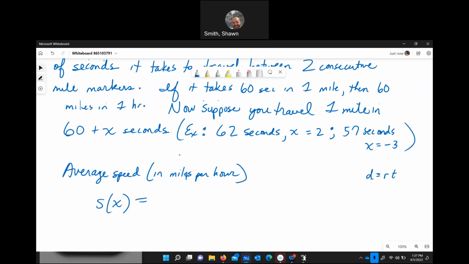So how far would you travel in 1 hour? That's your time right there, 60 plus x over 1 hour, 60 times 60, right? So this can be rewritten as 3,600 times 60 plus x to the -1 power, if you want to do it that way.